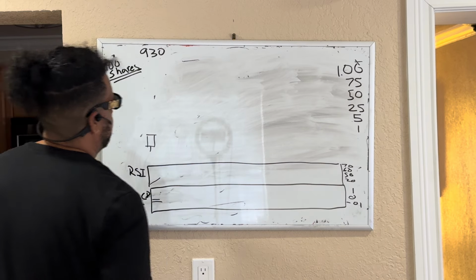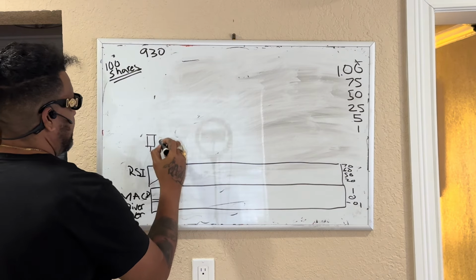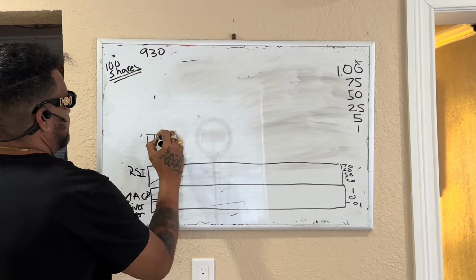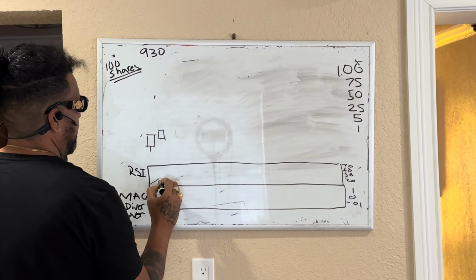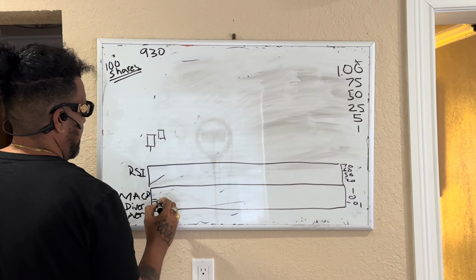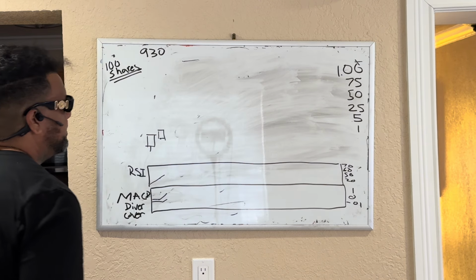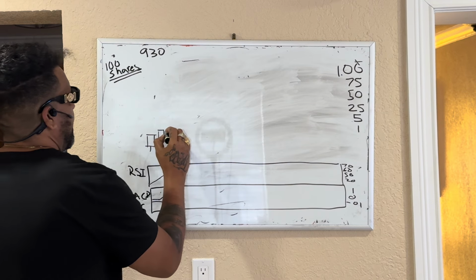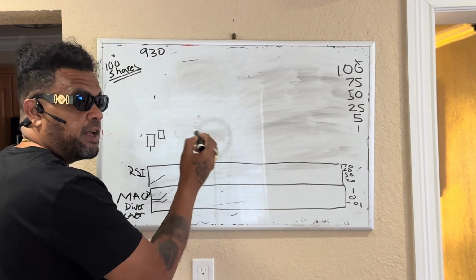Be a buy candle. Now you see the RSI on the next candle go a little bit more up. See the MACD start to rise. This is an easy trend that I'm showing you here.